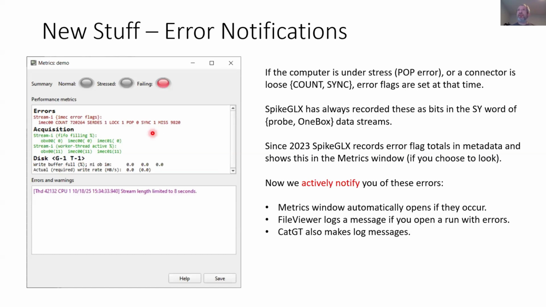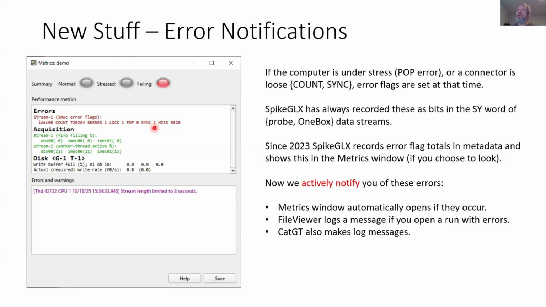Something new that we're doing with errors. So we've been recording forever with Neuropixels these error flags, which signal bad conditions happening deep down in the probe hardware. These are recorded in the metadata. We're doing some new notifications, so you're more aware of the fact that errors might be happening. So three things happen now.